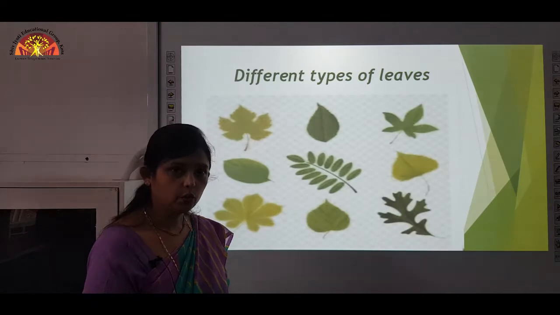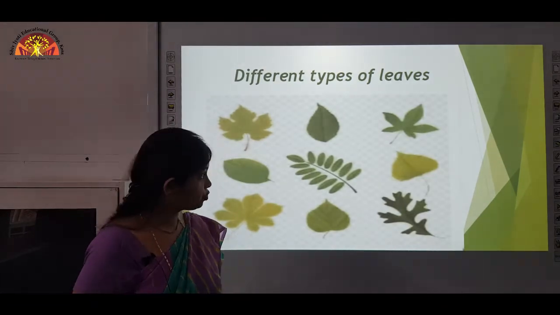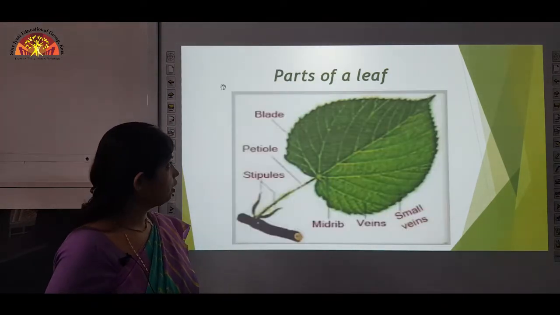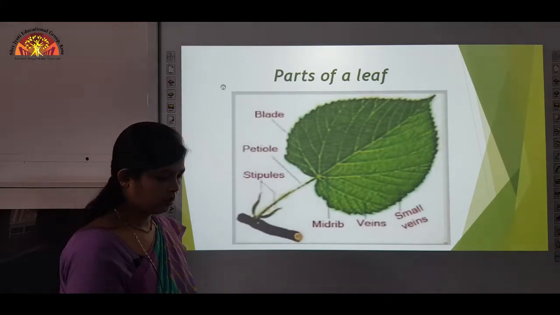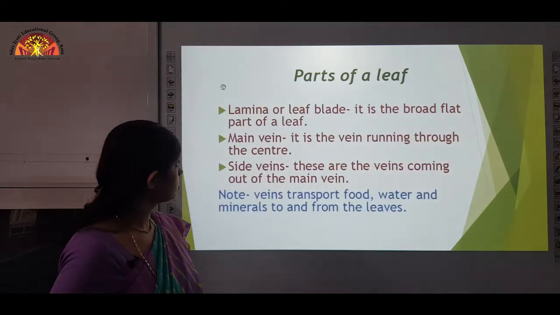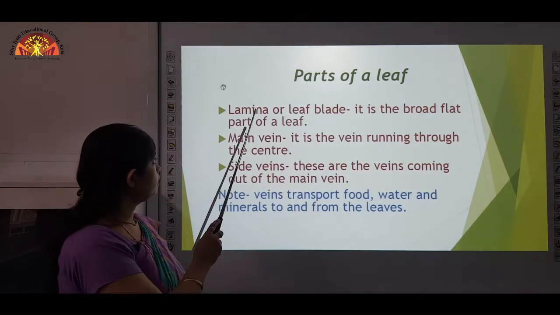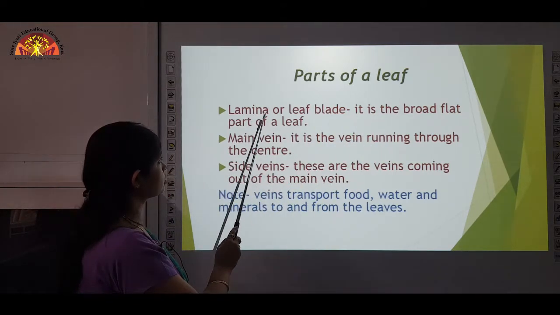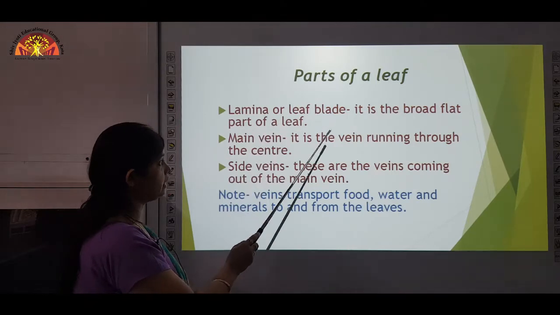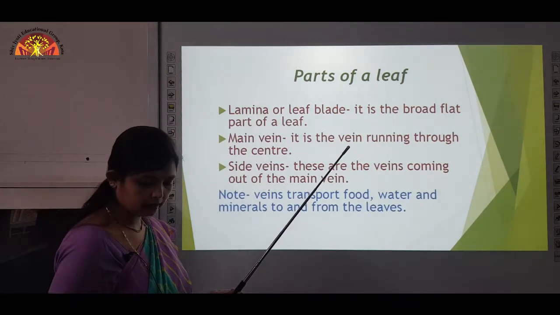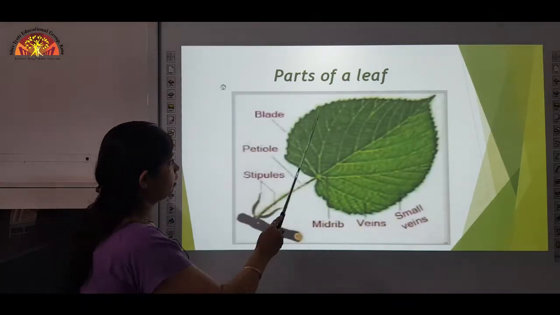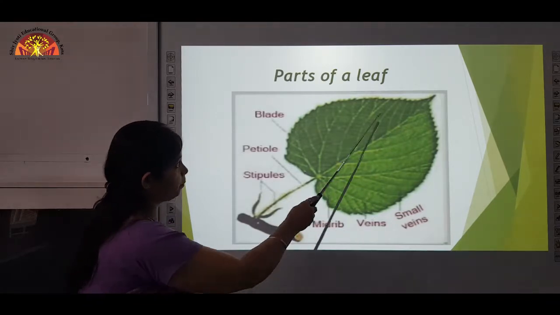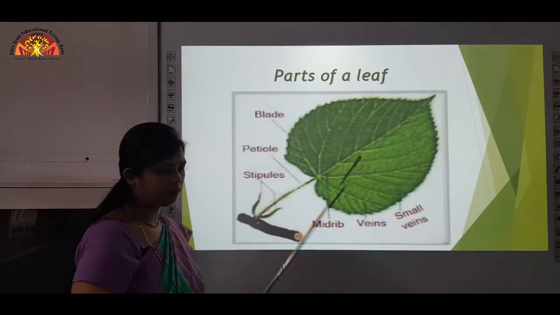Now we come to the structure of a leaf or parts of a leaf. So children, the broad flat part of the leaf is called the lamina or leaf blade. You can see in the diagram shown here, this flat broad part of the leaf is called the leaf lamina.